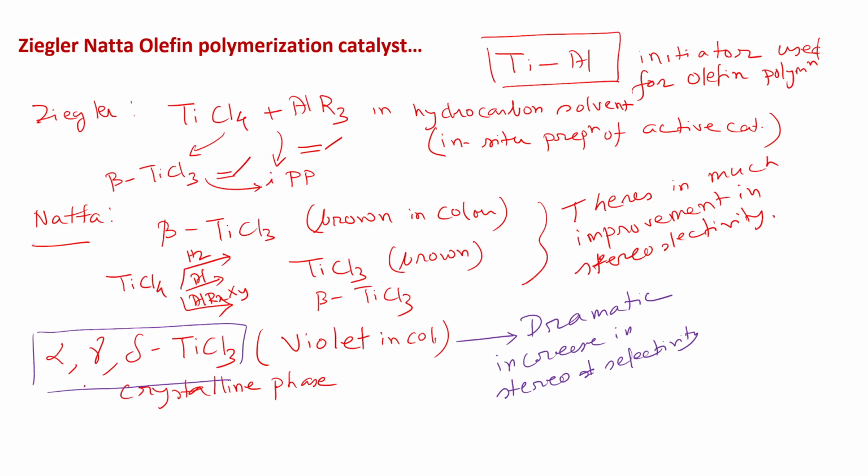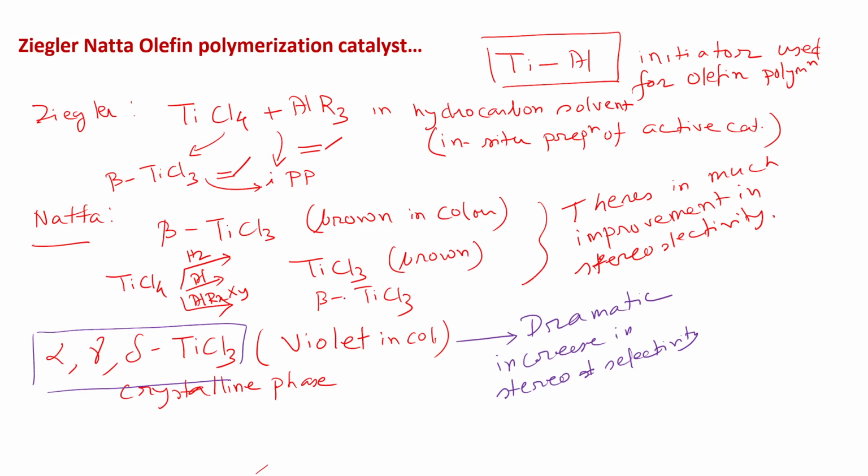There are alpha, delta, gamma kinds of TiCl3 available. How they are given is mainly based on the crystalline phase, how they are arranged in the crystal. According to that, these particular variants are there.